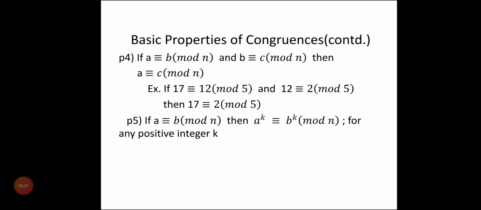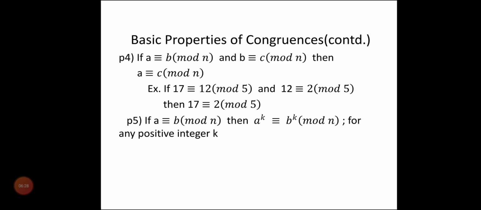Now the property P5: if a is congruent to b modulo n, then a raised to k is congruent to b raised to k modulo n for any positive integer k. What is the meaning of this property? If we have the congruence a is congruent to b modulo n, then you can multiply it k times and that relation exists.